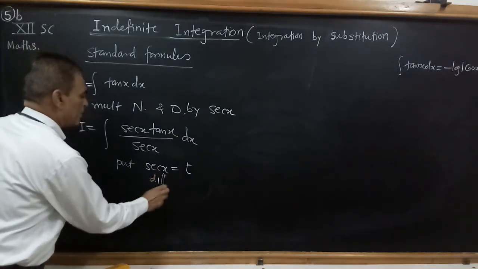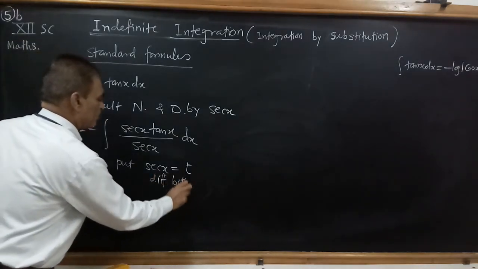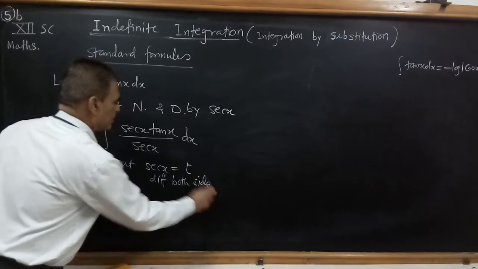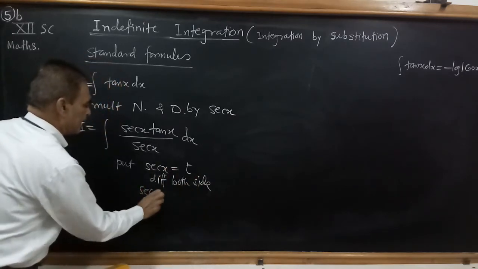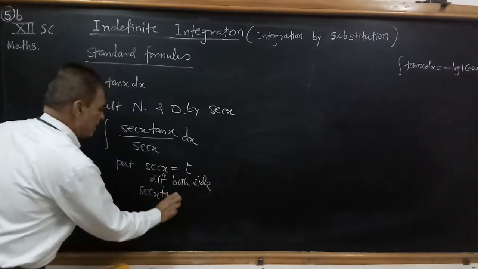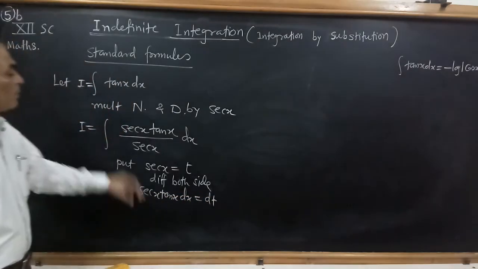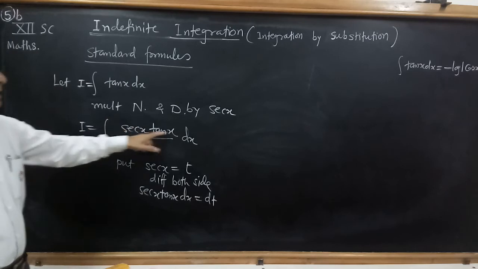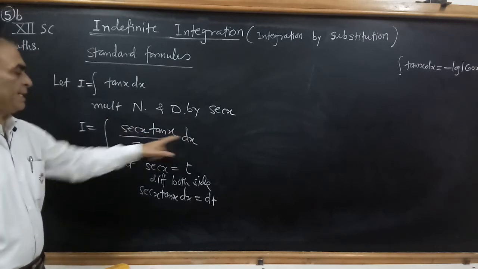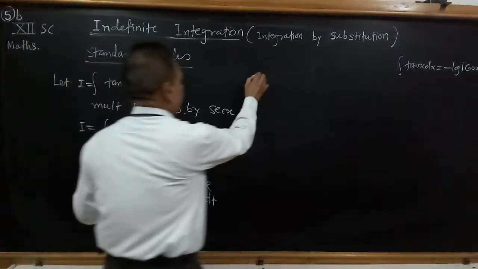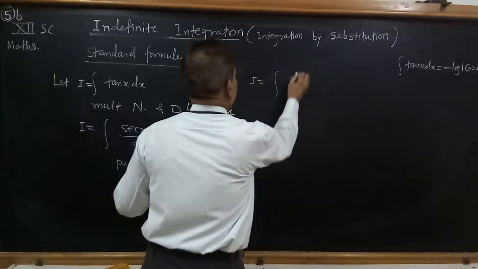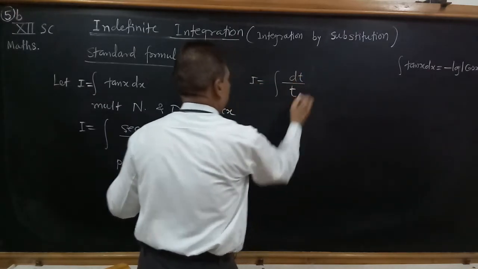Differentiate both sides. What is the derivative of sec x? Sec x tan x into dx is equal to dt. Therefore, numerator sec x tan x dx is nothing but dt. And what about the denominator? t, which is equal to integration of dt divided by t.